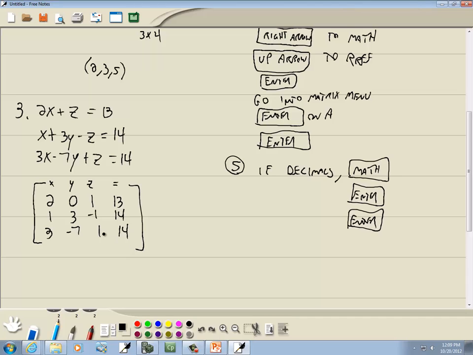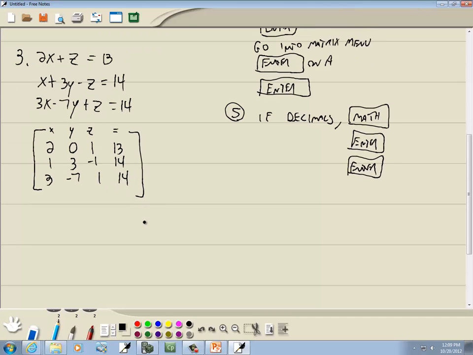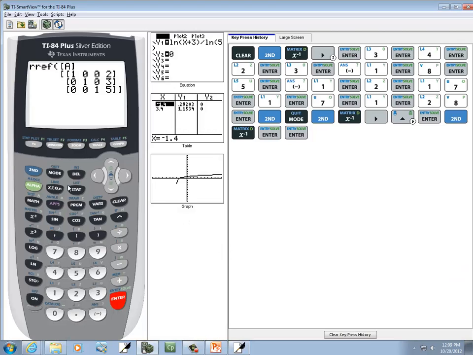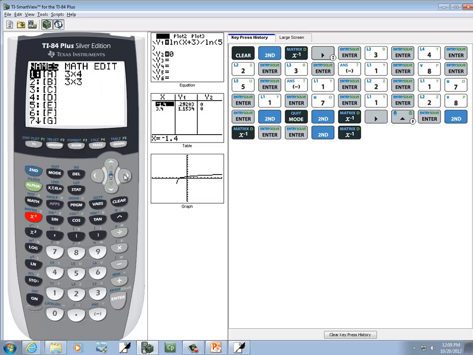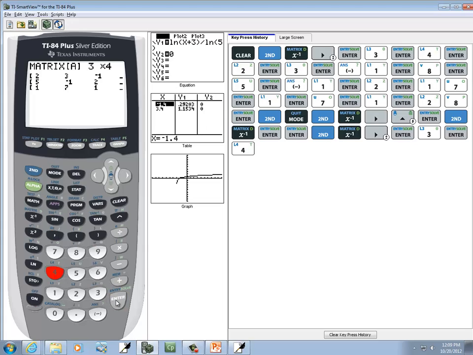Now it's still a 3 by 4, so let's go ahead and put that in. Okay, so I'll do second, x and negative 1, go to matrix menu. Want to right arrow over to edit, do enter on A. It's 3 by 4, so I do 3 enter, 4 enter.